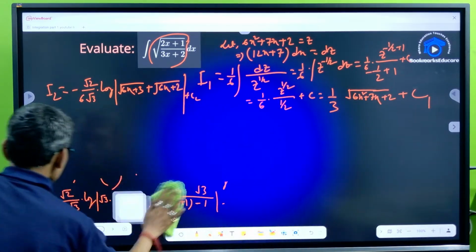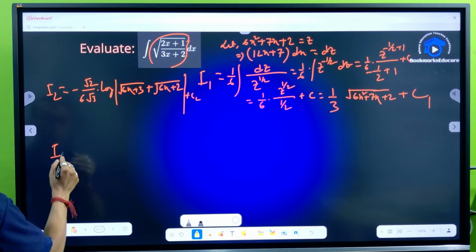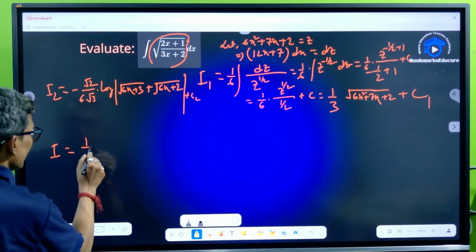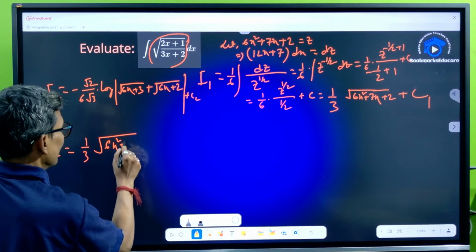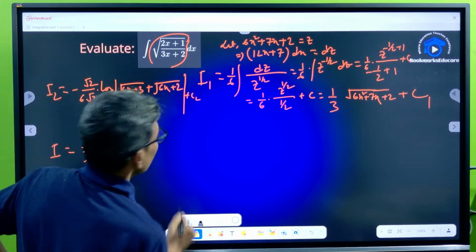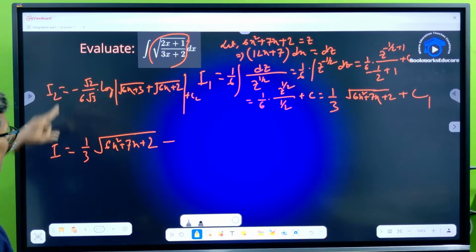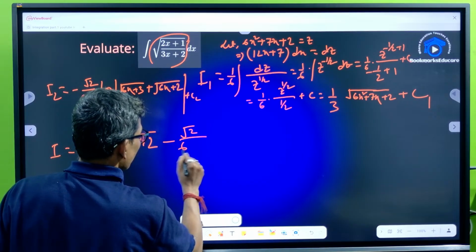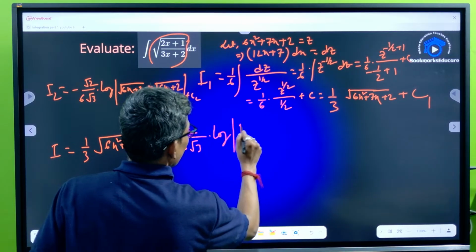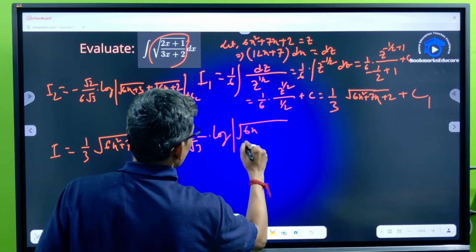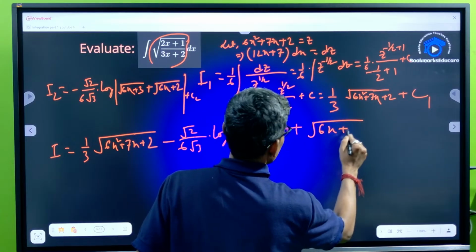So the total answer means I1 plus I2 means I. So I is equal to 1/3 root over of 6x square plus 7x plus 2, minus root 2 by 6 root 3 into log of mod root over of 6x plus 3 plus root over of 6x plus 2.